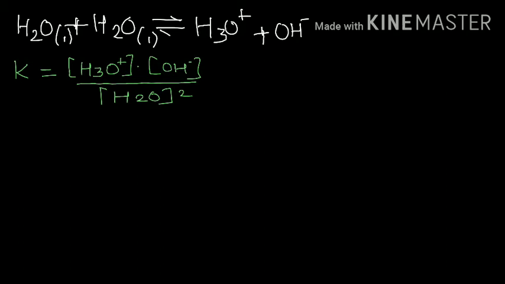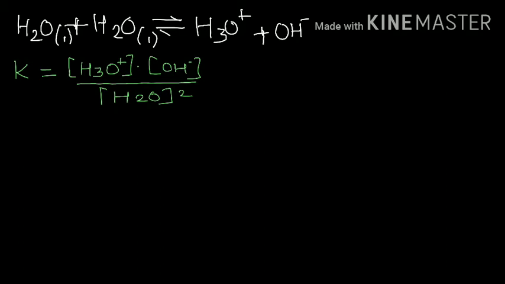Hence you will get K equal to the molar concentration of H3O+ times the molar concentration of OH- ions, upon the molar concentration of H2O, which is squared since there are 2 molecules.